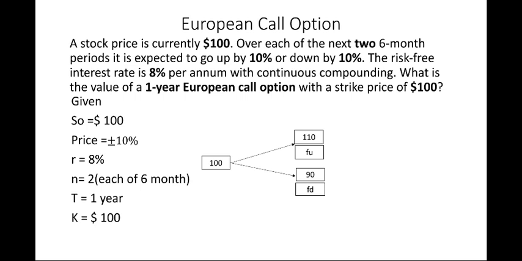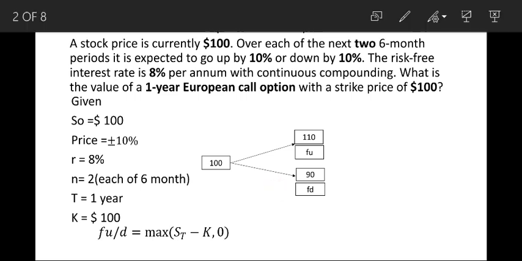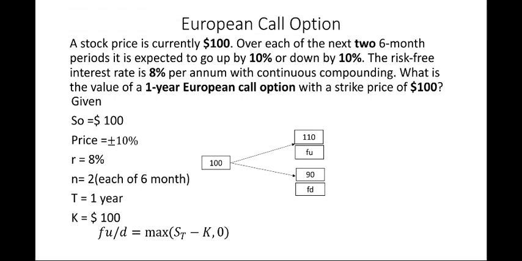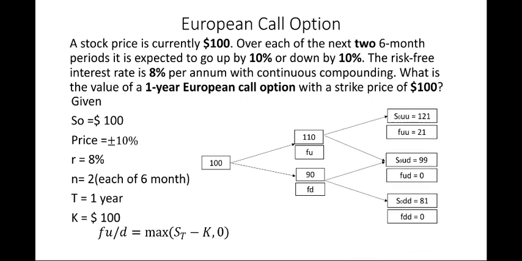Therefore, the long position holder will have a payoff of ST minus K. Using the same concept, we determine the values of FU and FD. As you can see, the formula is that FU or FD can be calculated as the maximum of ST minus K or 0. Now again, this is one time step. Now increasing it to two time steps.